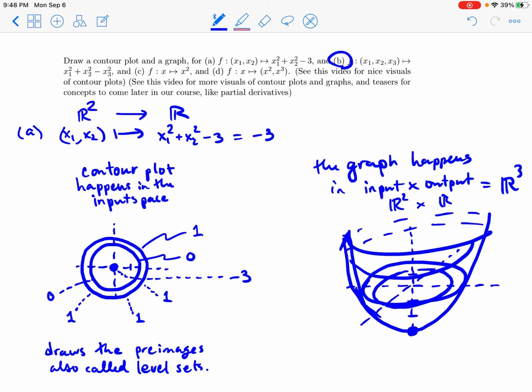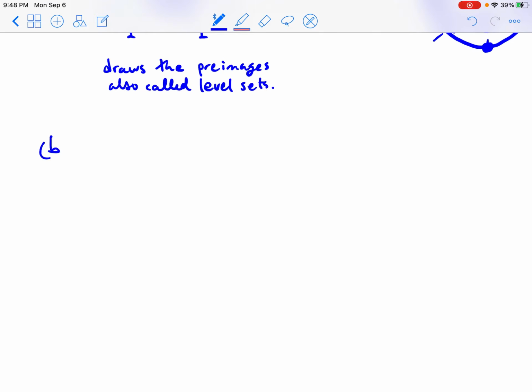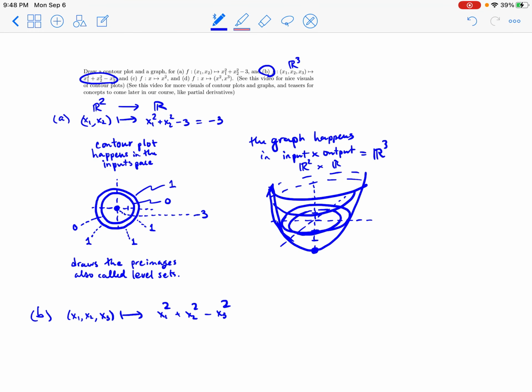So we did that. Okay, let's do B. So B is a map from R3 to R. Okay, so that's the map. B sends x1, x2, x3 to the point x1 squared plus x2 squared minus x3 squared.